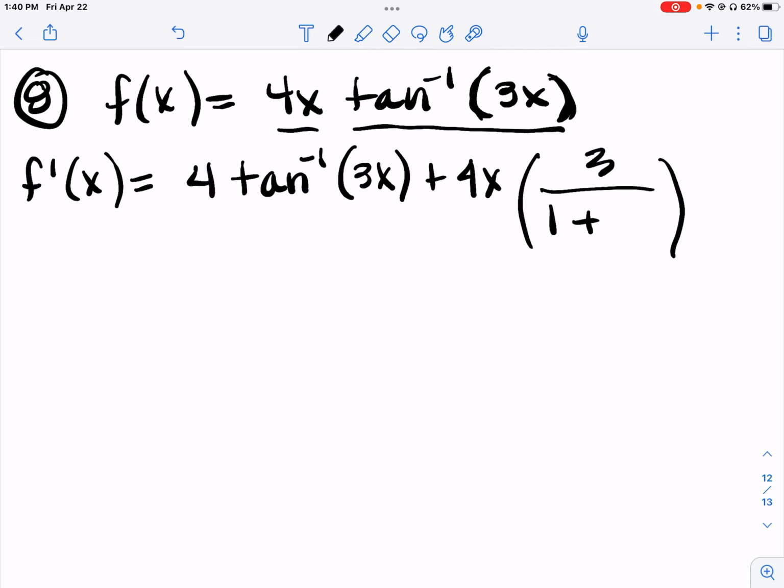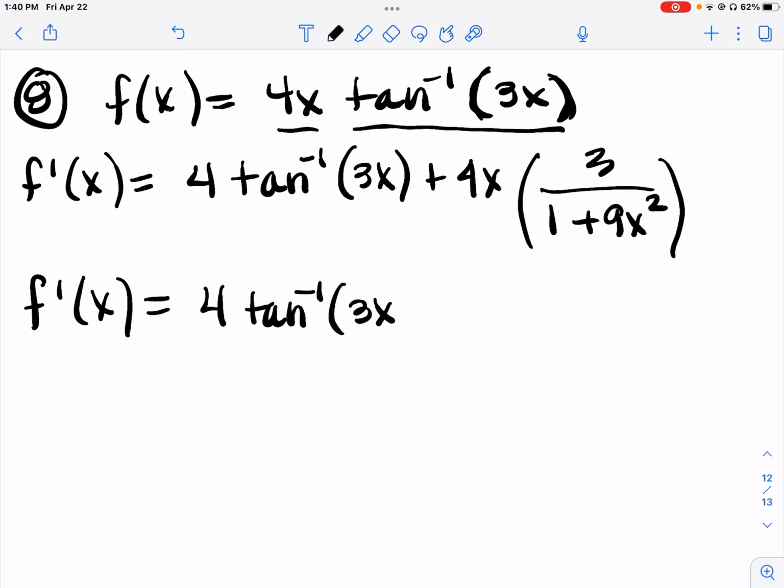So 3x times 3x is 9x squared. Four x times 3 is 12x. All those formulas you need to know.